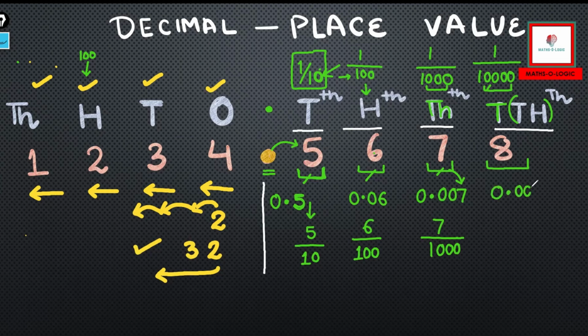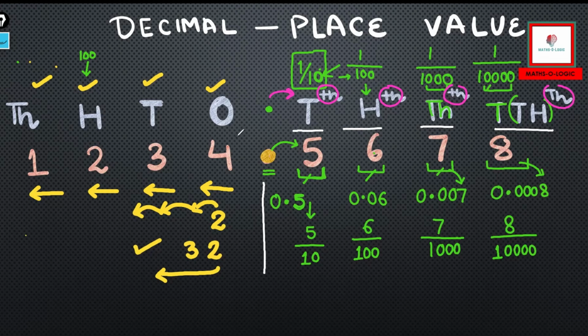So I'll put 0, 0, 0 and this 8 will come here. But let's see how we can write it in the fractional form. I can write this as 8/10,000. So I have to apply this TH, this TH, this TH, this TH after the decimal part.